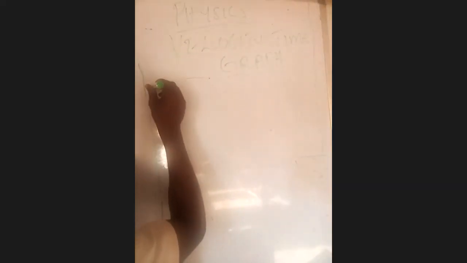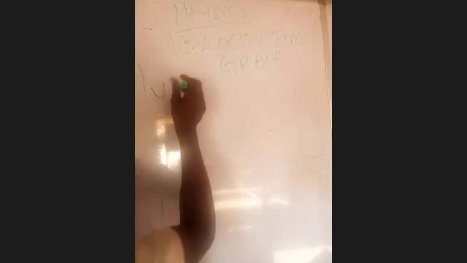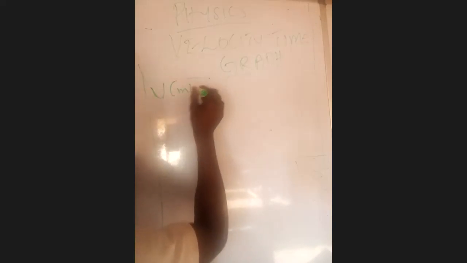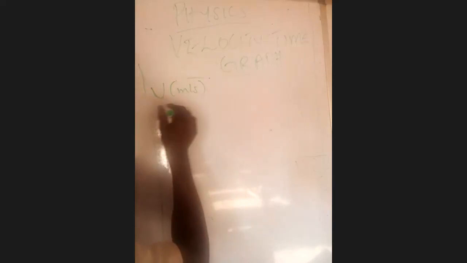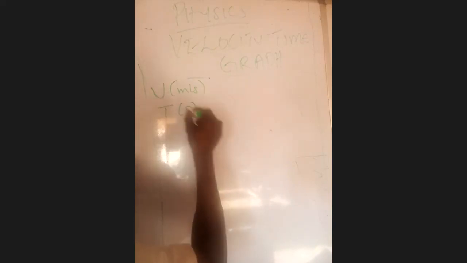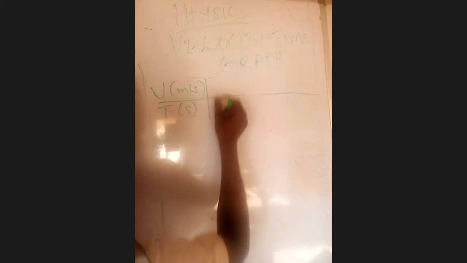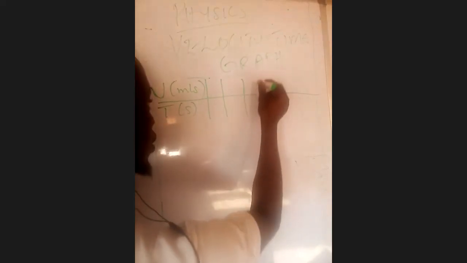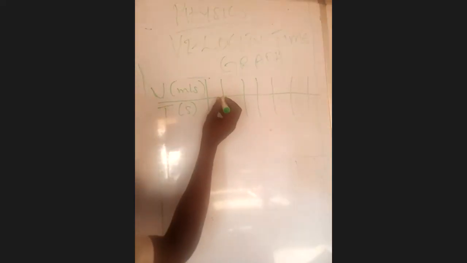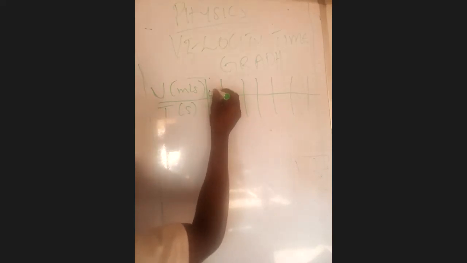Let me represent velocity as V, meters per second, and time as T, seconds. Now, the body at rest, 0.0.